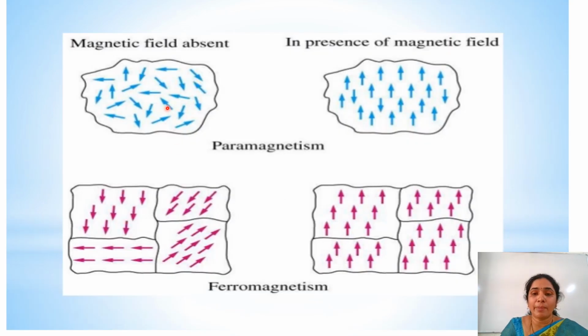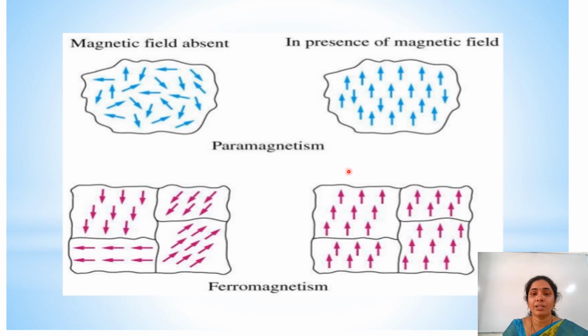See here, this is a pictorial representation of how a particular substance behaves with and without a magnetic field. If you take a paramagnetic substance, without any magnetic field, these electrons or magnetic moments are randomly present. Once you apply the magnetic field to this substance, most of the magnetic moments will be aligned in the direction of application of the magnetic field.